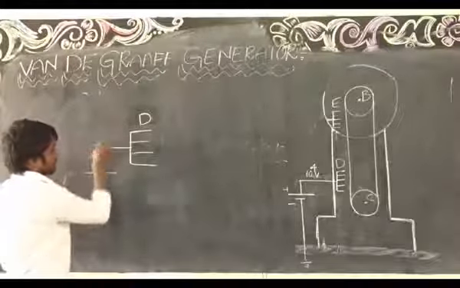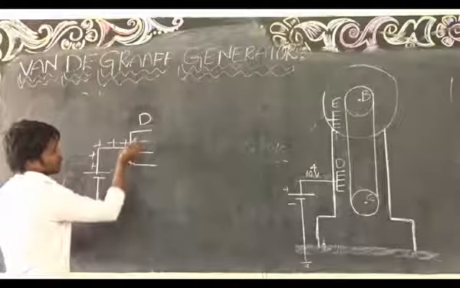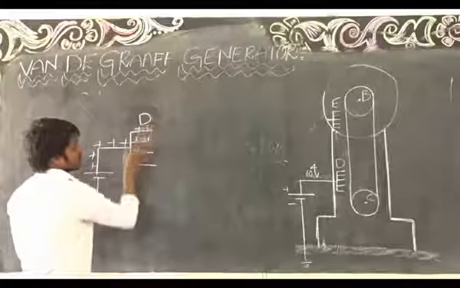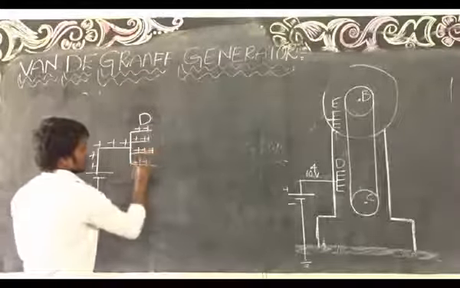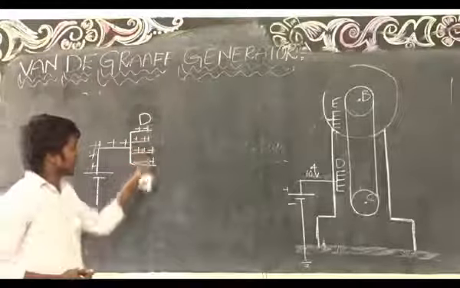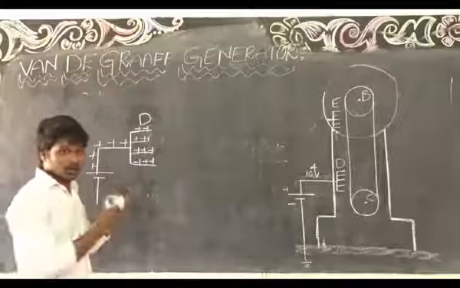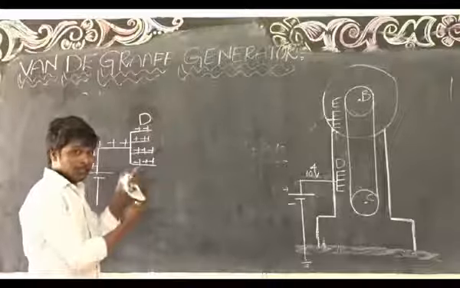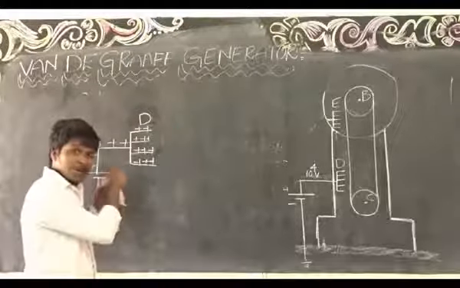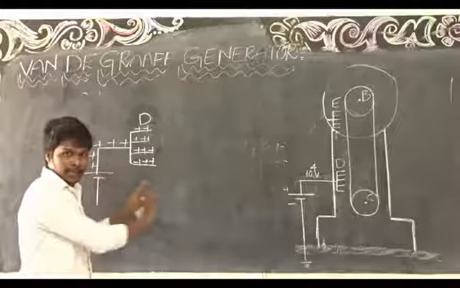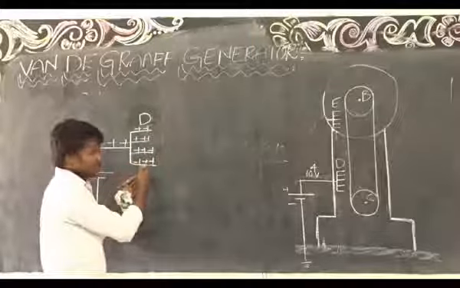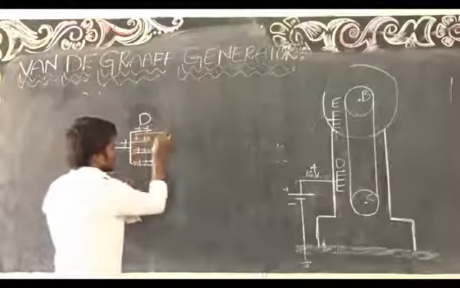This battery is supplying so many positive charges, so this capacitor has more positive charges. So what will this capacitor do? Positive charge is more, so it will create more electric field, correct?